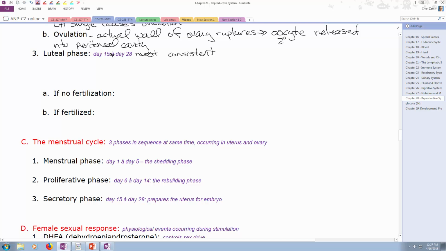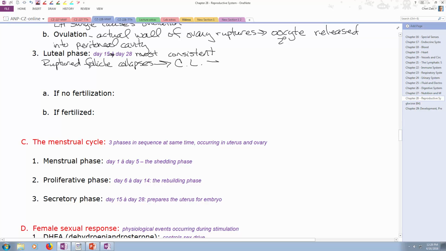And the reason it's most consistent is that now the ruptured follicle collapses and becomes the corpus luteum, and I'm going to abbreviate it CL, corpus luteum.